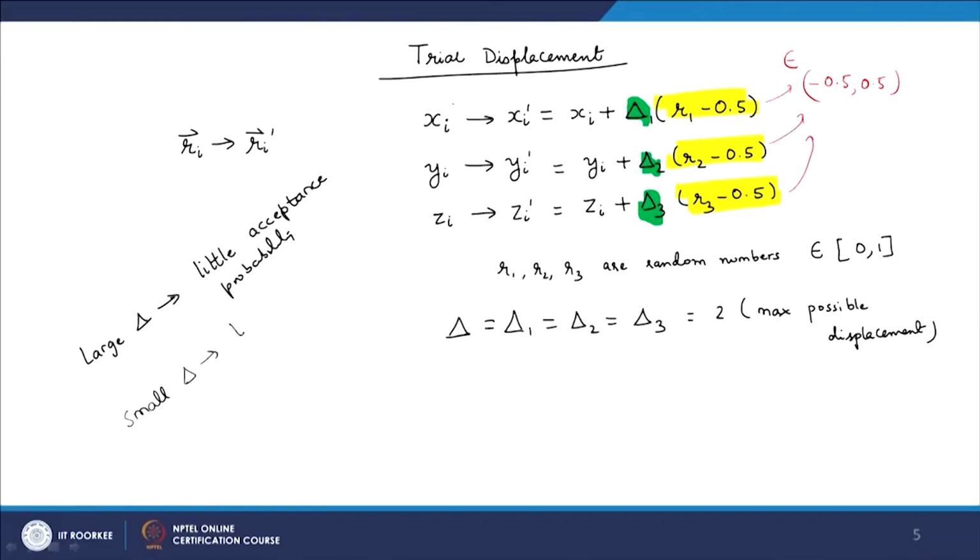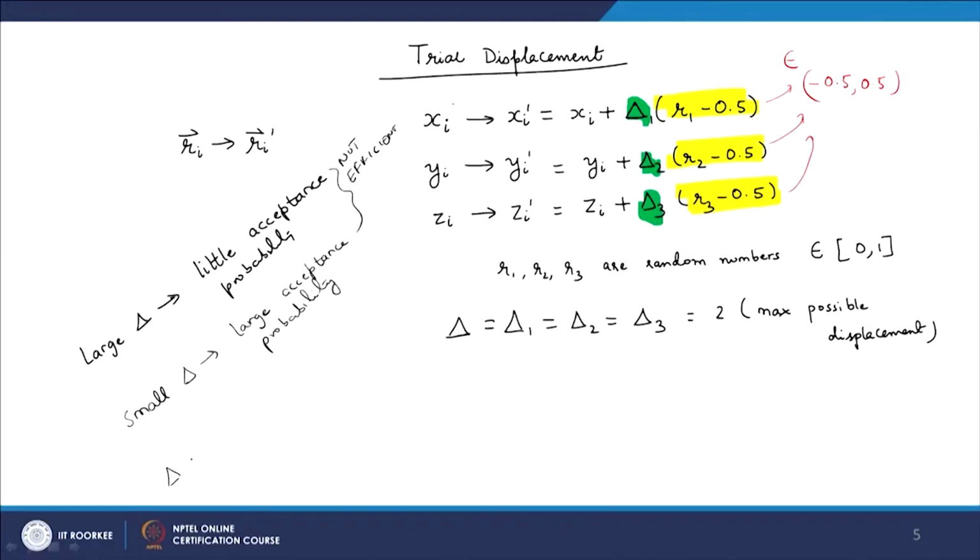So, in this case we have large acceptance probability, and it turns out both of them are not efficient, simply because in the first case I will not accept most trials, in the second case I will accept pretty much every trial, and in both cases I am going very slowly towards equilibrium.